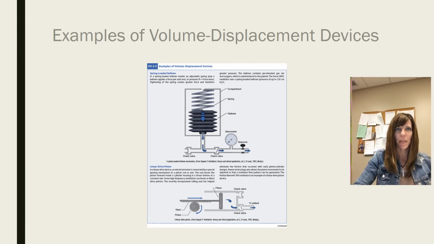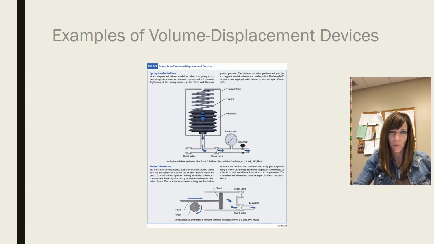When talking about the bellows, I have to somewhat go back to 1963 when the ventilators were called MA1s or MA2s, and they worked with a bellows system. If you are watching a 1980s movie, like the movie Halloween, it has a bellows ventilator in it. It also has an IPPB in it, actually. Might have to watch that video in class.